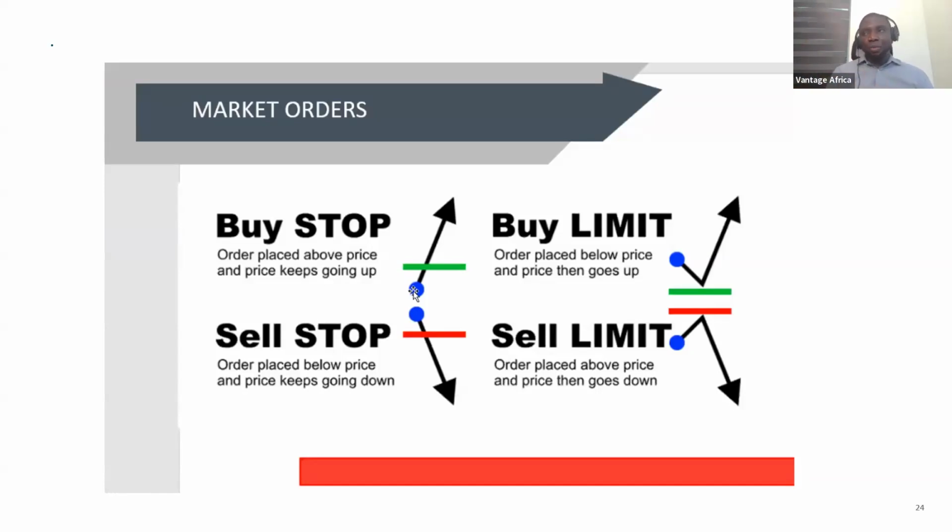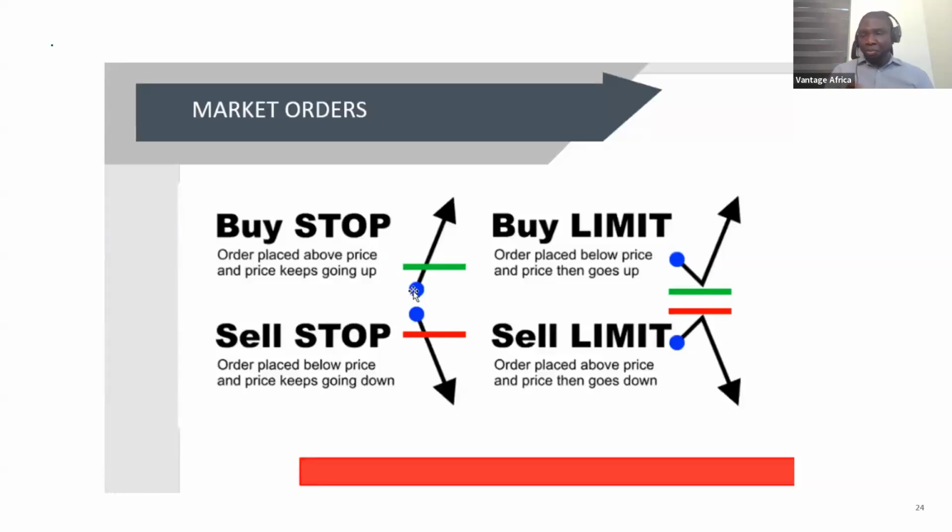Then look at the sell stop orders. Remember again, the keyword here is sell. Now look at where the blue ball is, and price is already selling. But here you are placing your stop order, your pending order, somewhere lower than current market price.